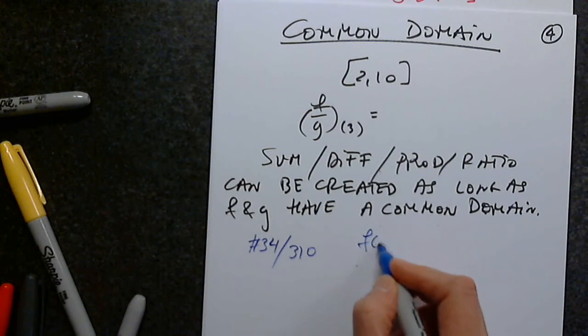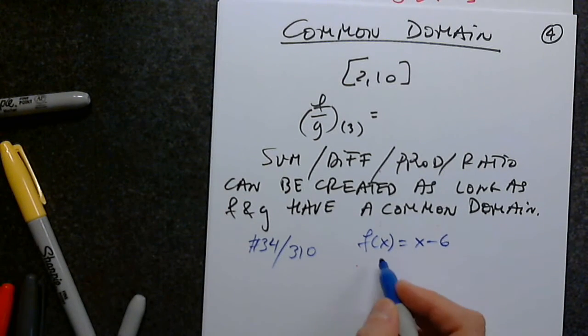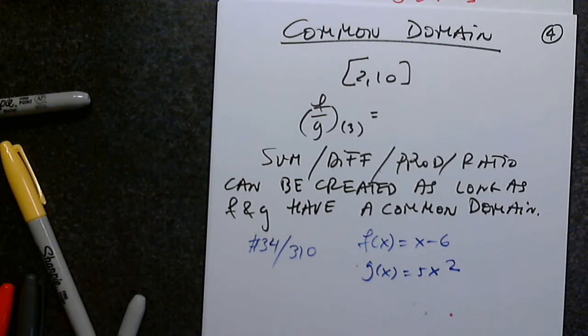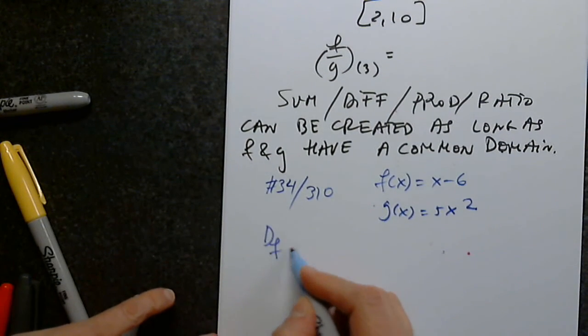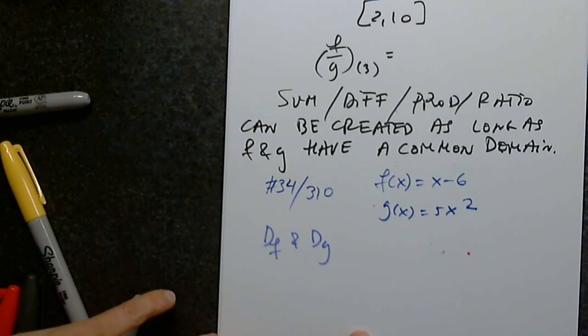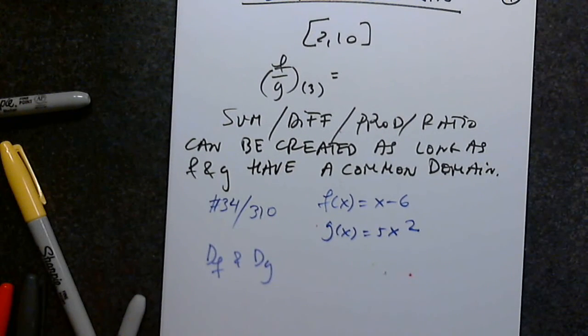We have f of x equals x minus 6, and g of x equals 5x squared. First, we have to find the domain of f and the domain of g. Can anyone tell us what is the domain of f and what is the domain of g? What can we say?